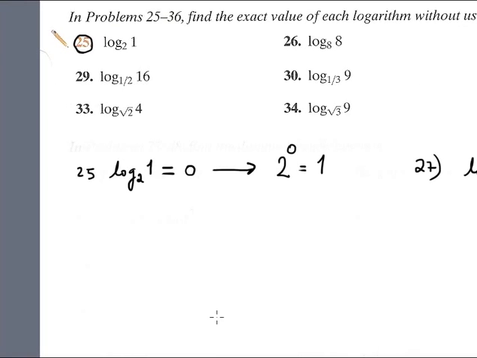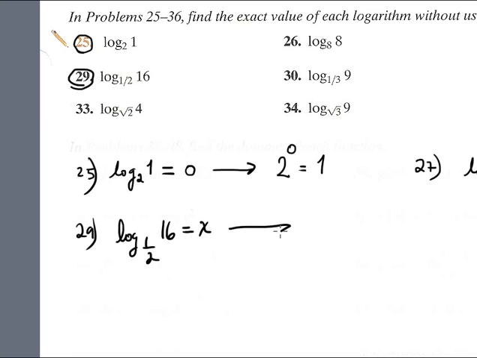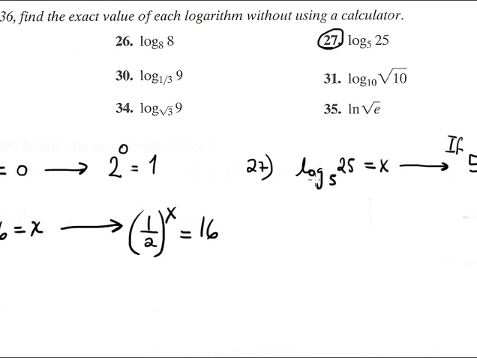Okay, now 29. 29 is logarithm of base 1/2 of 16 equal, I don't know. In this case, no obvious answer, so you convert to exponential. The base is 1/2, the exponent is x, the answer is 16. Now we have an exponential equation, and you manipulate this using a common base.